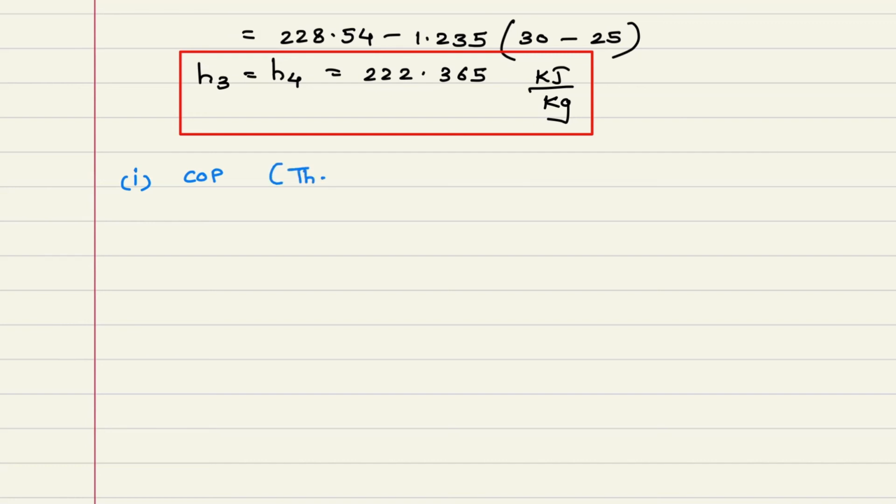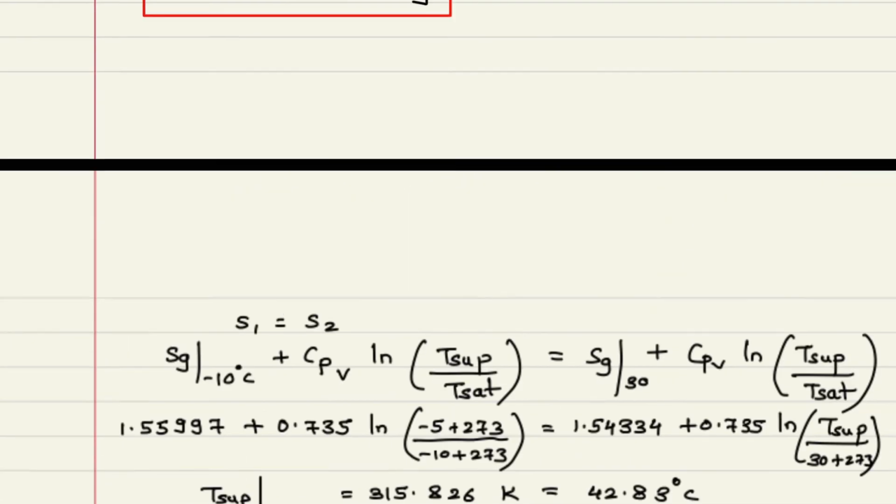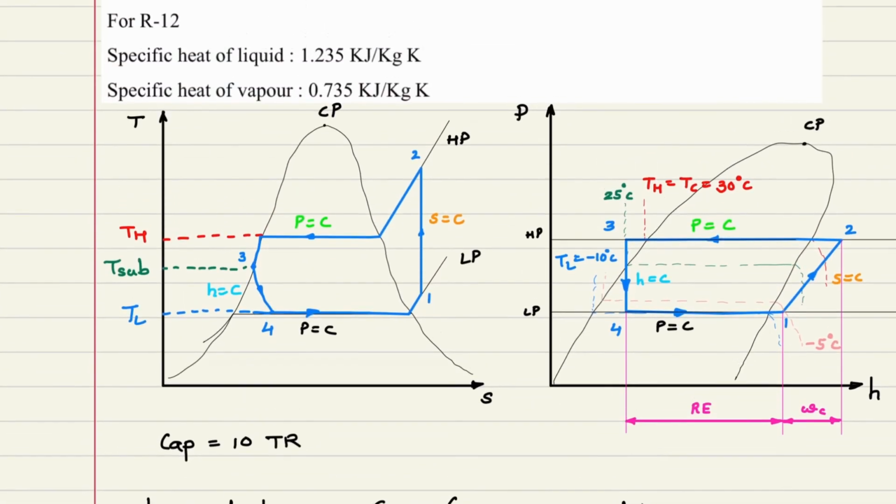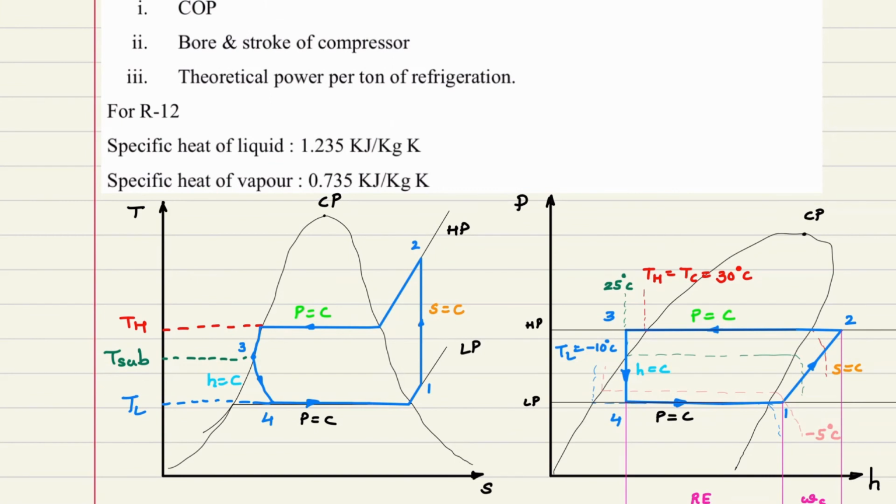Now this is which COP? Theoretical COP. How to calculate Carnot COP for this cycle? Understand that. I'll write down the equation here. Okay, Carnot COP will be equal to T low upon T high minus T low. Okay, what is this T low value? It is the evaporator temperature, minus 10 degrees Celsius.